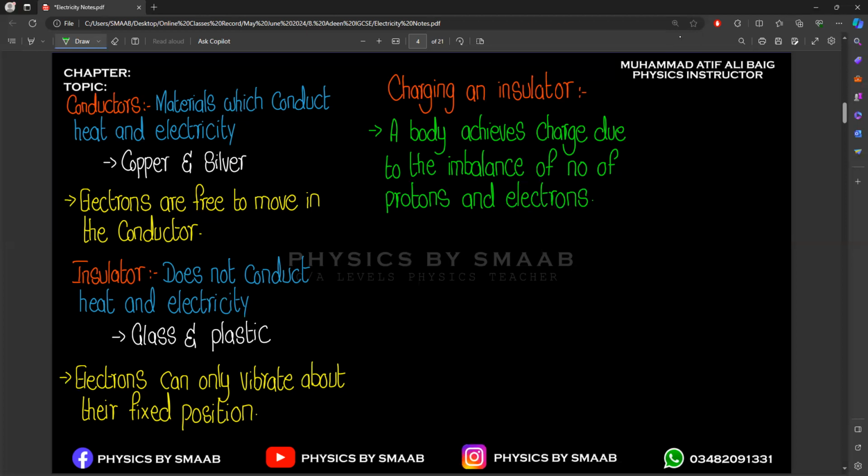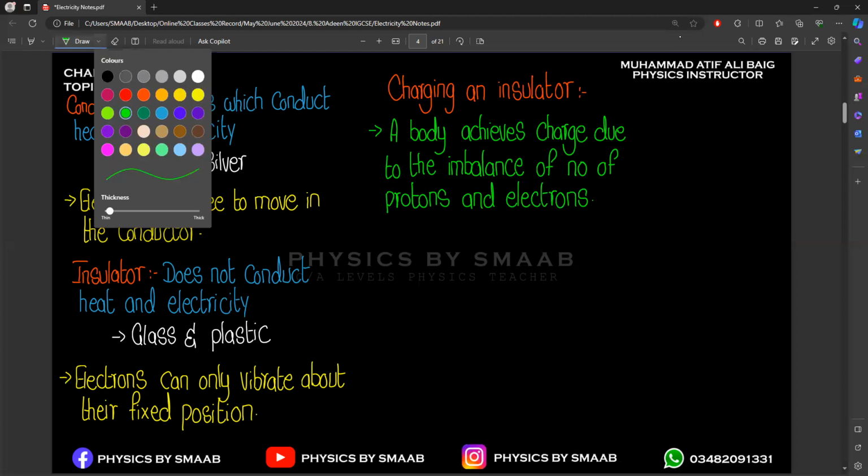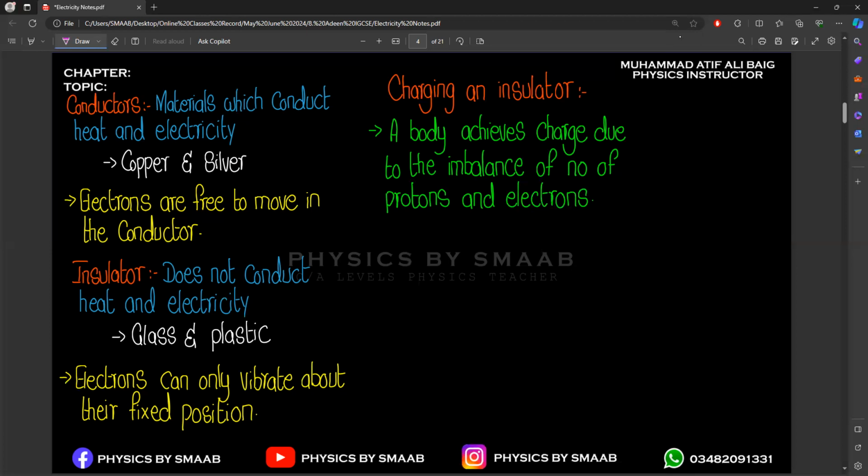So in this concept, always remember that we take the reference from the electron, not from the proton. For example, if a body loses electrons, what happens? There will be a deficiency of electrons, right?